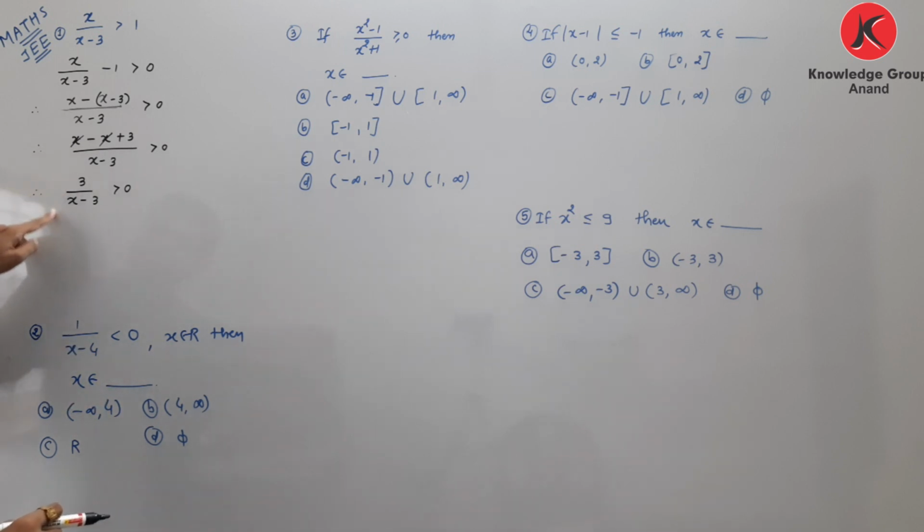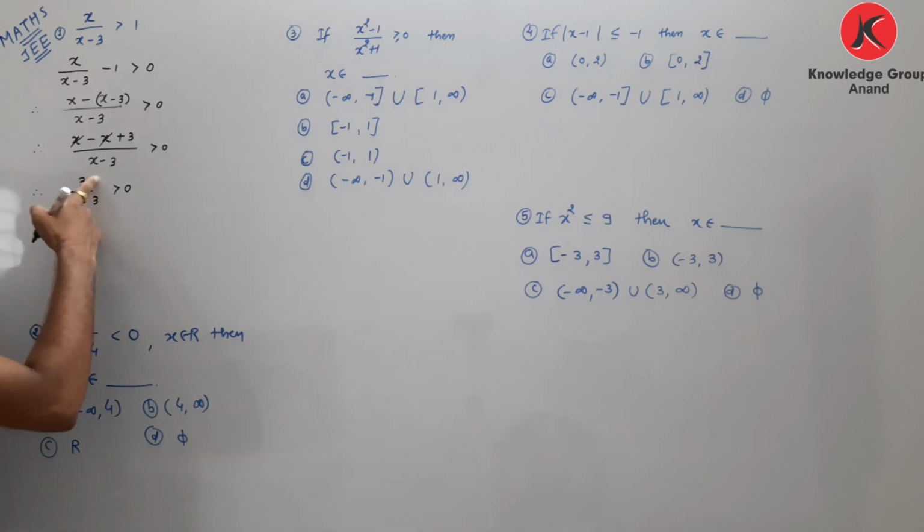Now here, 3 upon x minus 3 is greater than 0. Now what is the meaning of this? It is our logic: this ratio is positive. In this ratio, 3 is your numerator and x minus 3 is your denominator. Now, what are the possibilities to make this ratio positive?